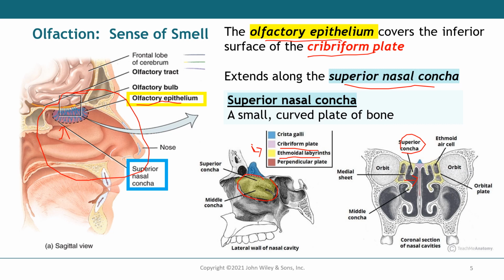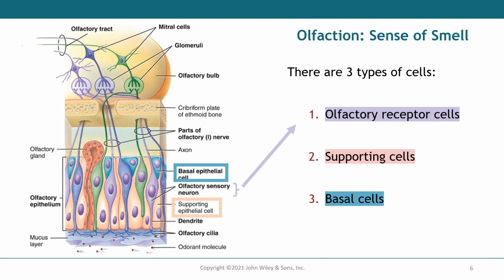Now that you know where the olfactory epithelium is located in the skull, in the nasal cavity, and between which bones, we're going to move into the epithelium itself. In the following slides, we're going to talk about each of its components.